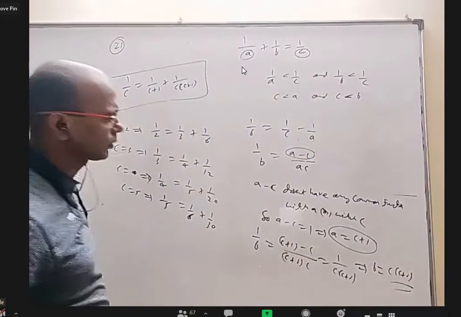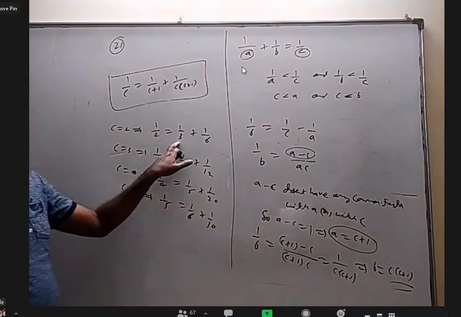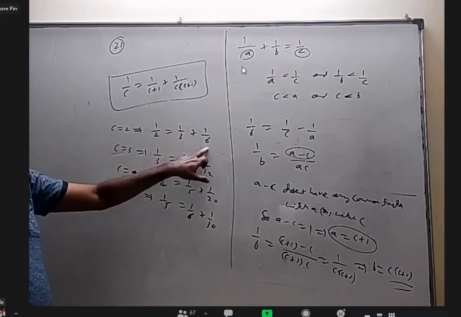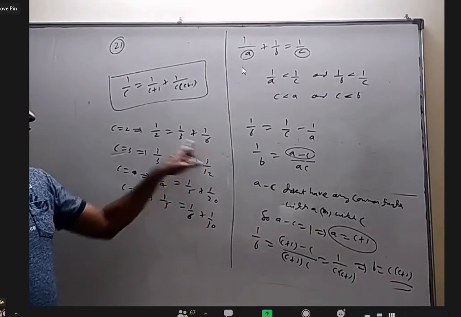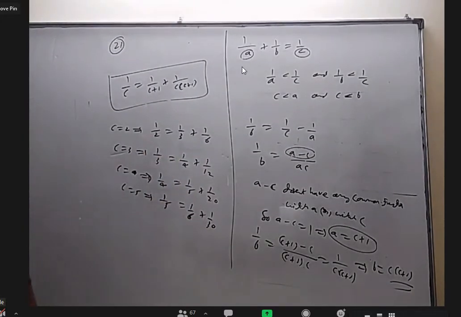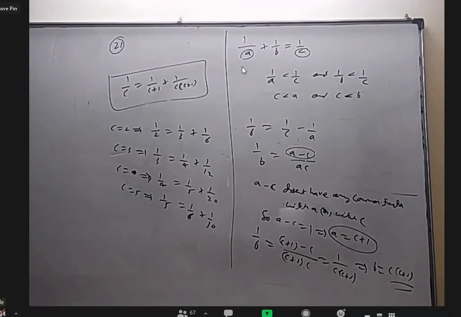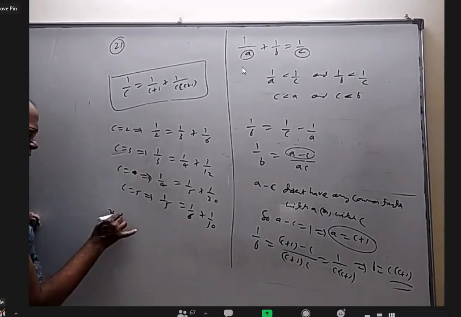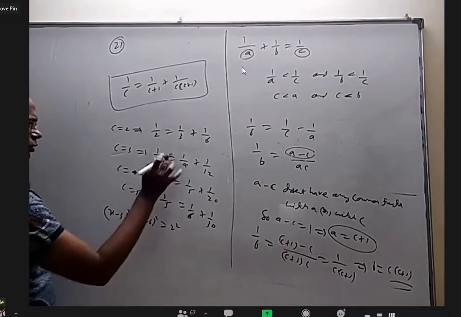But okay. So please copy these things and understand you've got 4 pairs. A is 3, B is 6, C is 2, A is 4, B is 12, C is 3. Every time you take this as the center, this as the radius, you'll get 4 answers. Okay, so x minus 3 whole square plus y minus 6 whole square equal to 2 square.